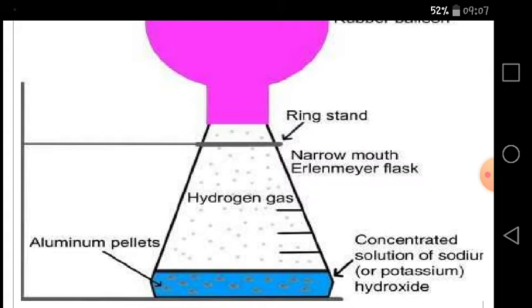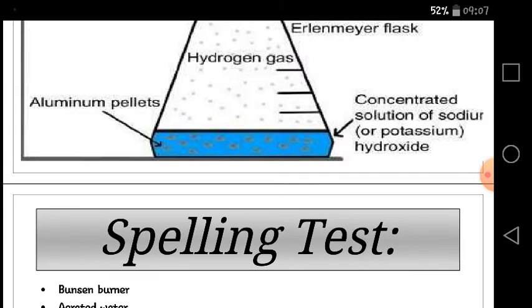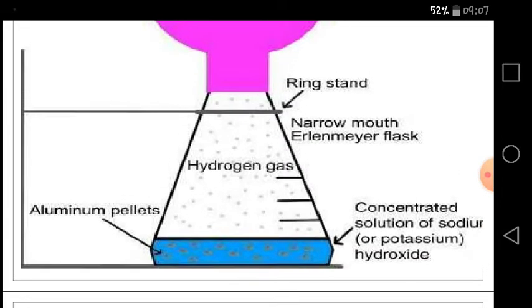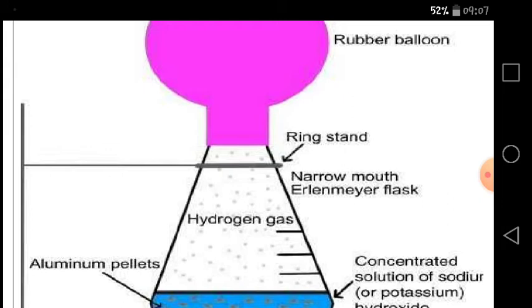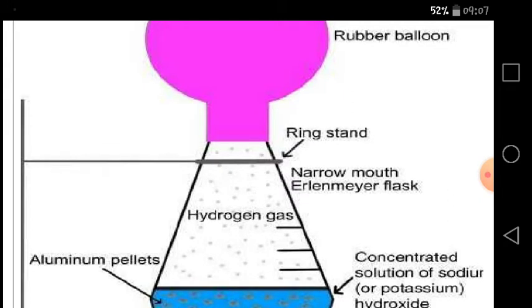We can arrange all these apparatus according to this diagram. And then we will observe that hydrogen gas is produced when the reaction is going on, and this hydrogen gas will help us to inflate the rubber balloon. In this way we can prepare a hydrogen balloon.